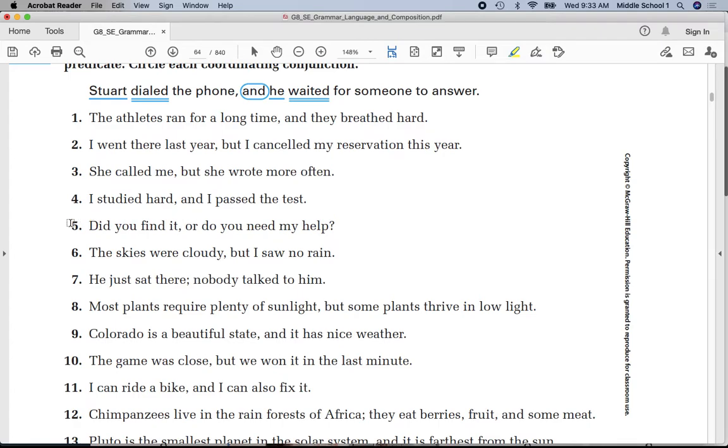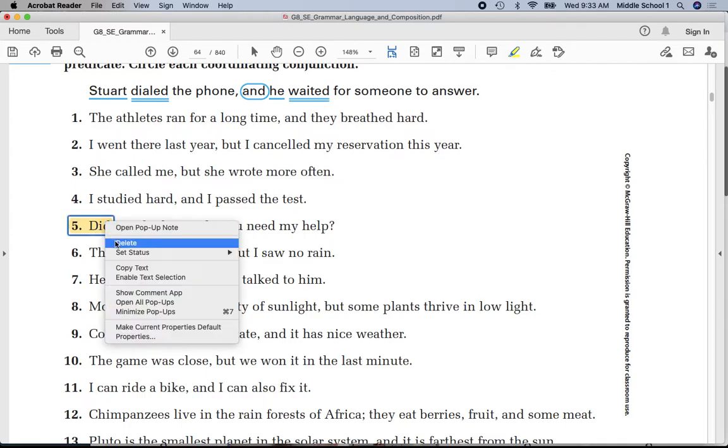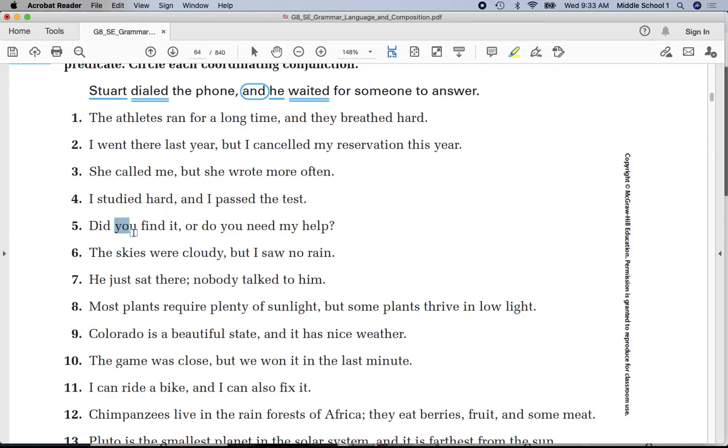Let's take number 5 as an example. Number 5. Underline you once. Underline did find twice. Circle or.